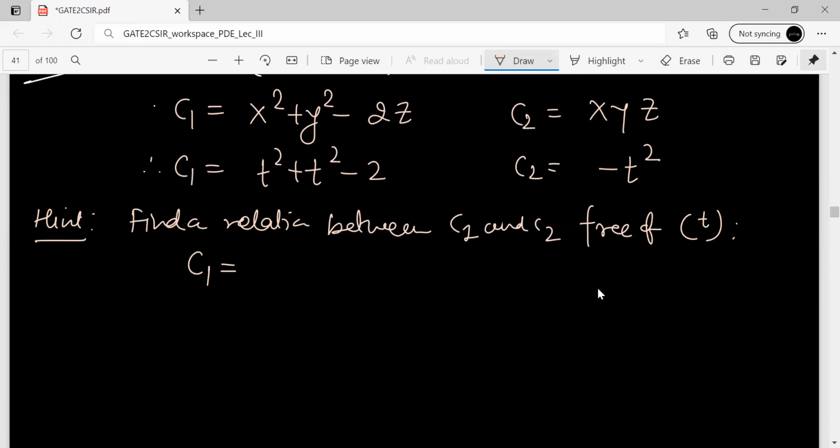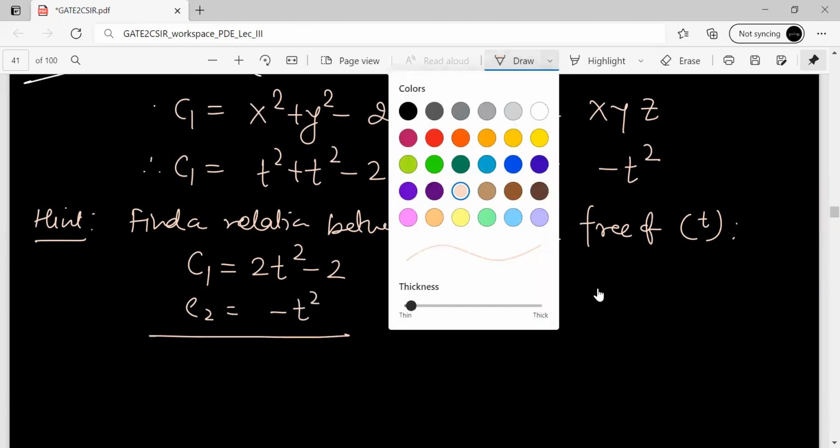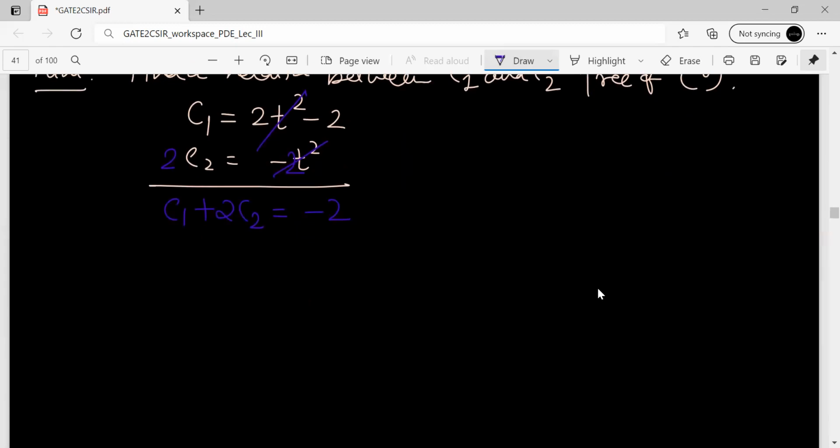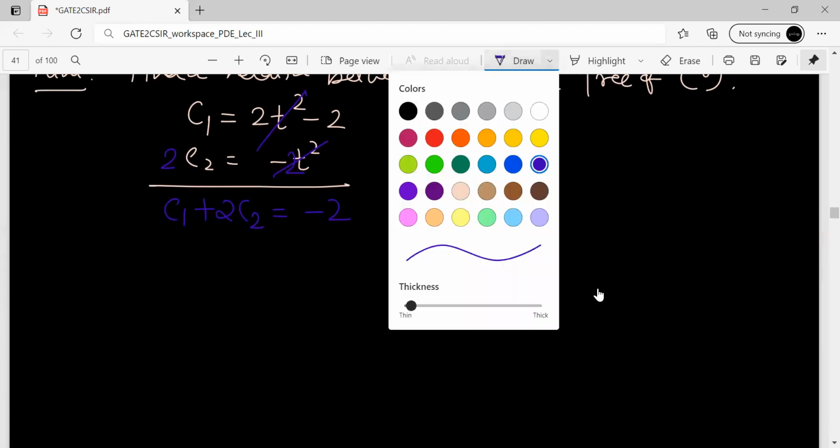So that means I can say this C1 is 2t square minus 2 and C2 is minus t square, correct? So if I multiply by 2 and add them, this gets cancelled. So the relation that I'm getting is C1 plus 2C2 equal to minus 2.